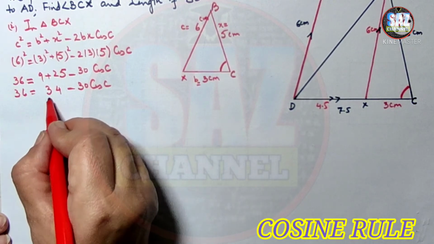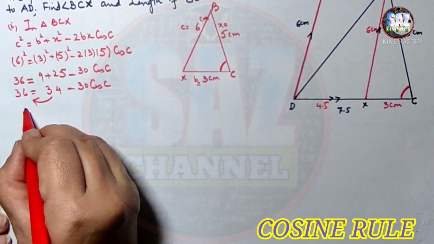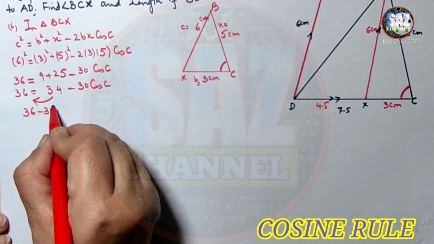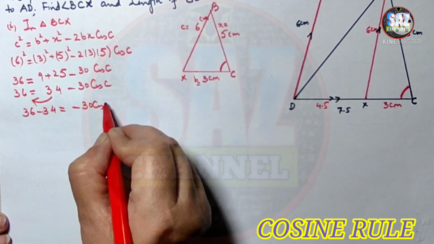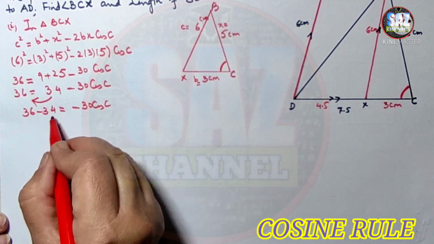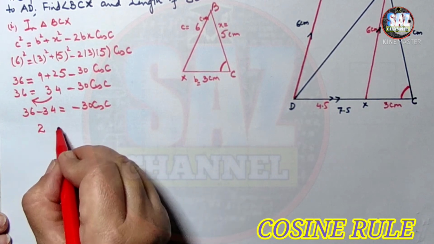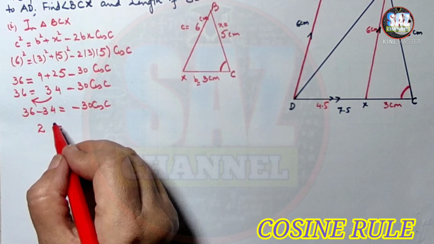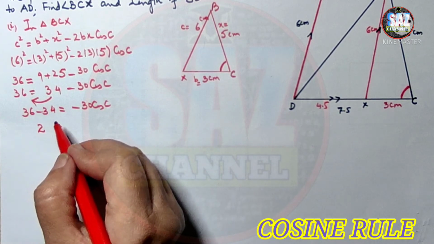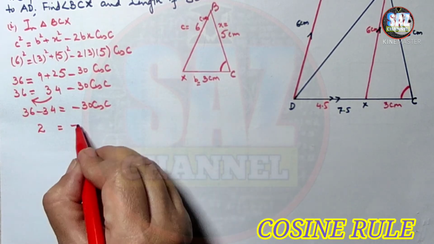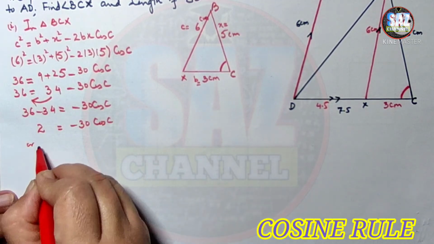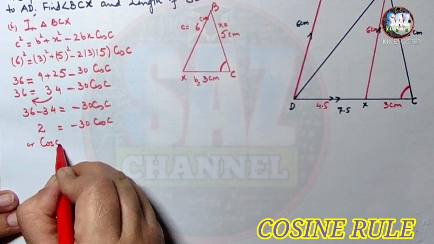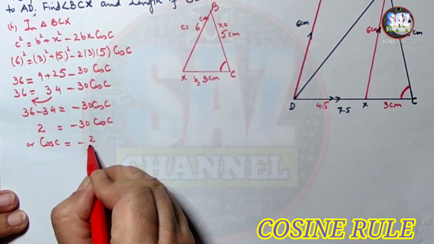Now shift this 34 to the other side. 36 minus 34 equals minus 30 cos C. Okay, 36 minus 34 is 2 equals minus 30 cos C. And now what we have to do is that cosine C will be equal to minus 2 by 30.